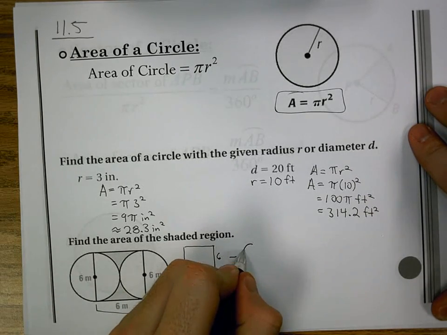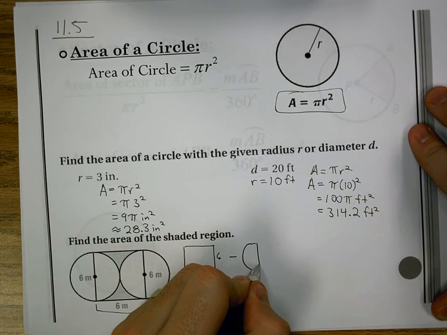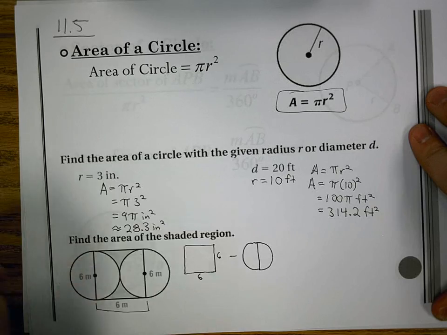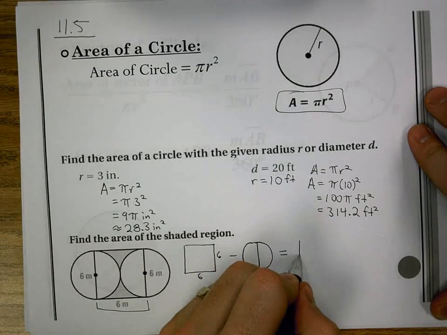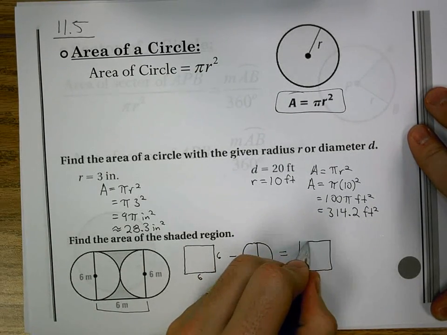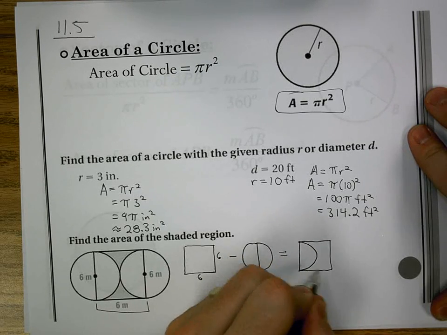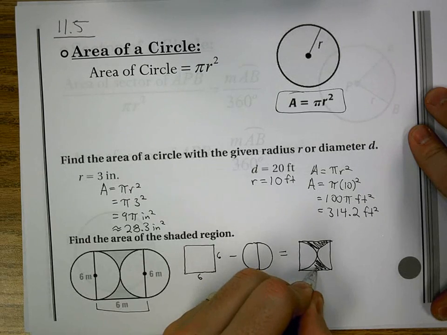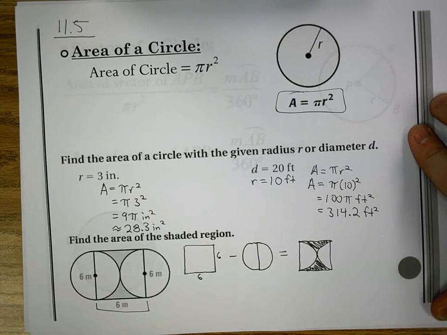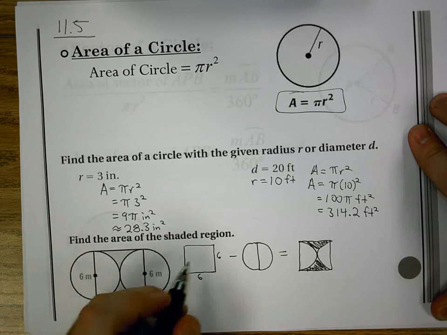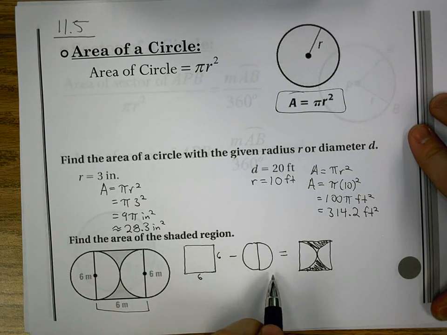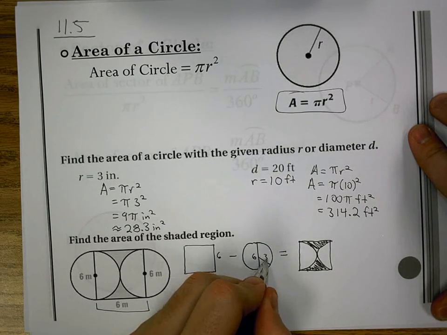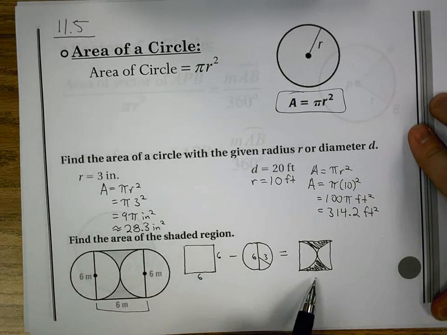Now, if I had a half circle and a half circle, together they give me the full circle, and by subtracting that I would get the shaded region that I'm looking for, which is that portion. It's the portion that those circle parts are not covering up. So I can find the area of the square, I can find the area of the circle together, which has a diameter of 6, radius of 3, which would eventually get me to this area.